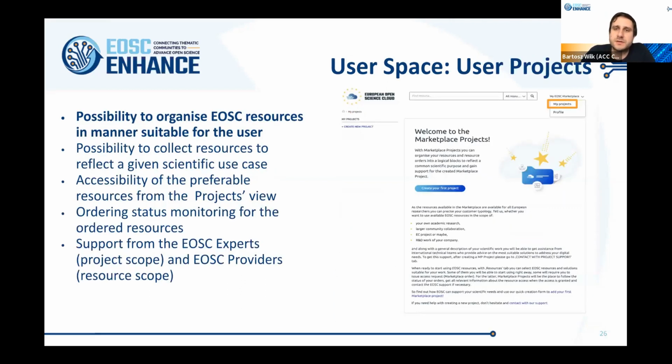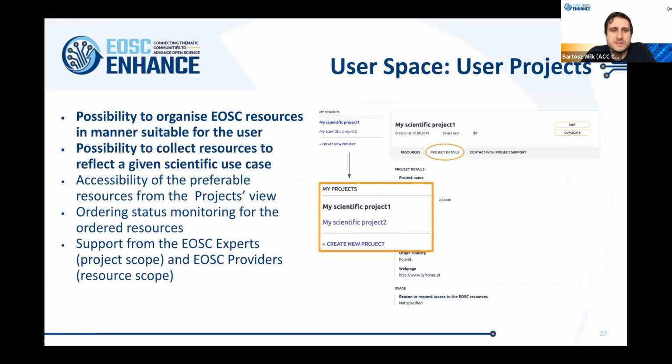Another function in the user space of EOSC Catalog and Marketplace is the page dedicated to user projects. The project is basically a bag for resources that are used in a specific use case. As you can see in the project details at the bottom, we need to specify the reason to request access to the EOSC resources.